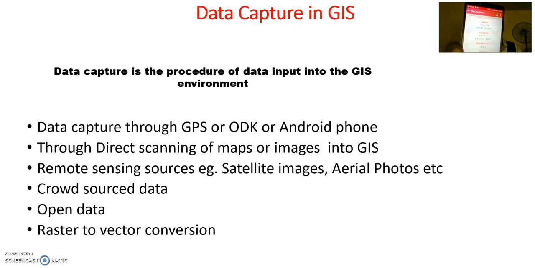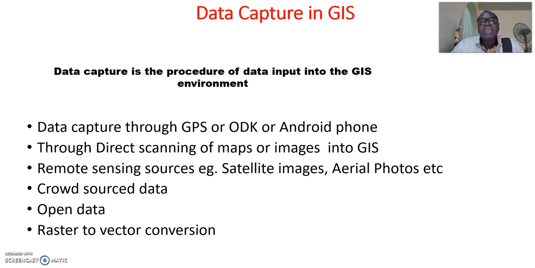So this is a way in which you can get your data. With just your Android, you can get data from the field, and you can bring it into your GIS database.